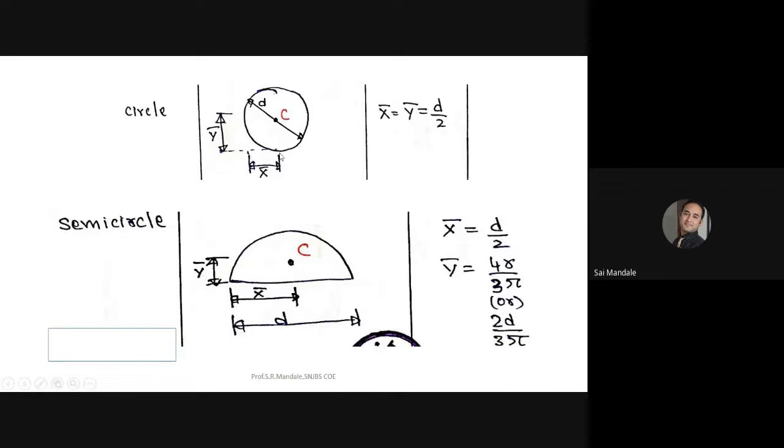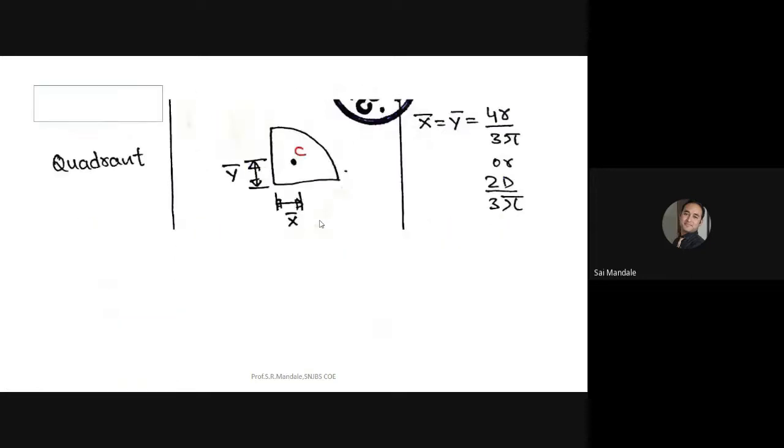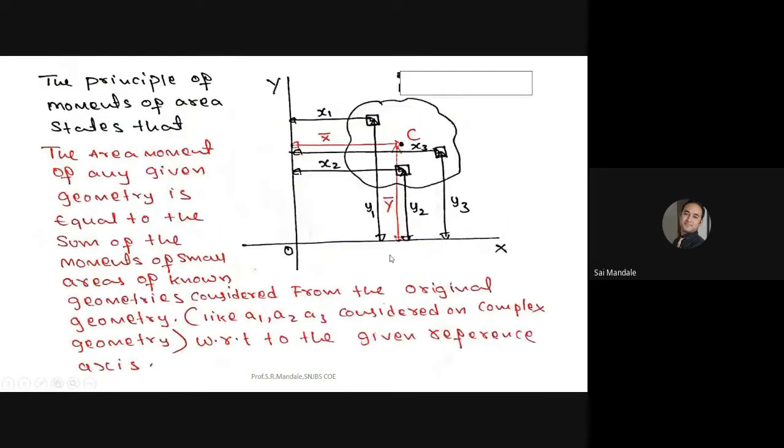Then for the circular section it is D by 2, for the semicircle as well. So I have given all the formulas to the students. We have already discussed what the CG is and what the parallel axis theorem is. This is the principal moment of area, that is the second moment of inertia. We have already discussed the second moment of inertia: what is Ixx, what is Iyy.